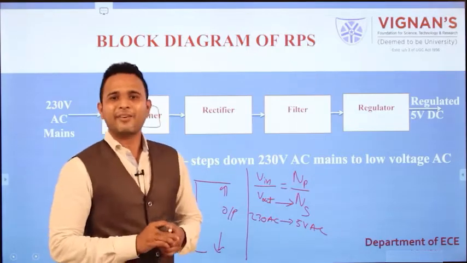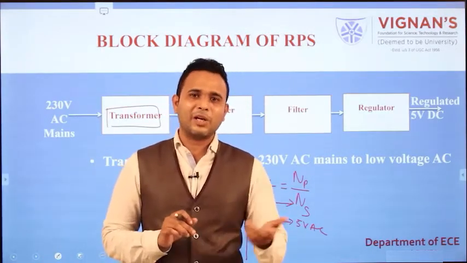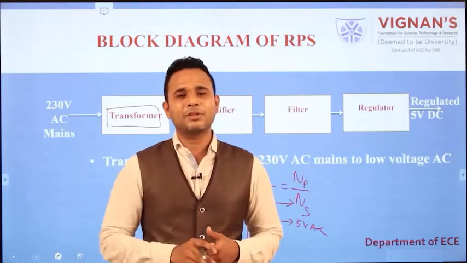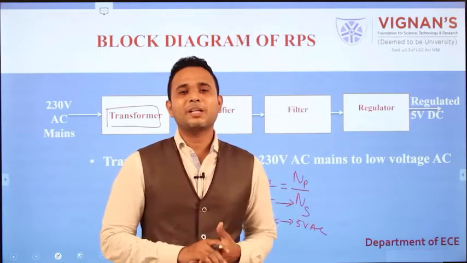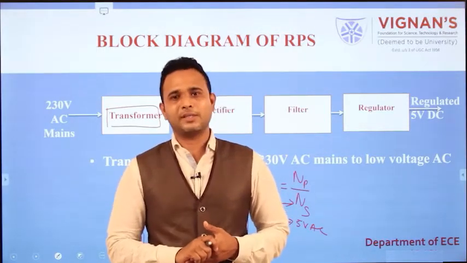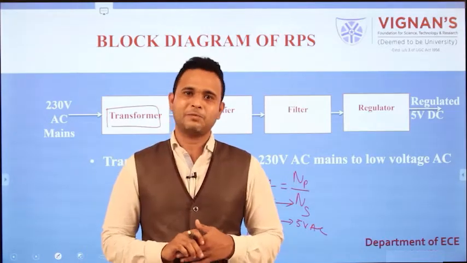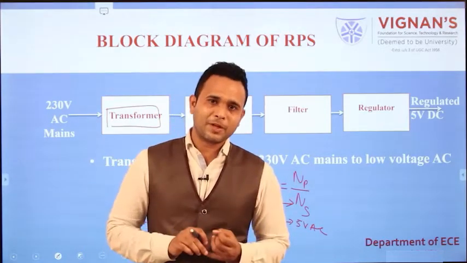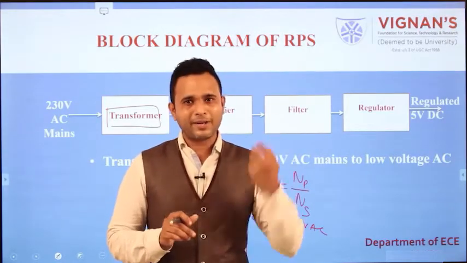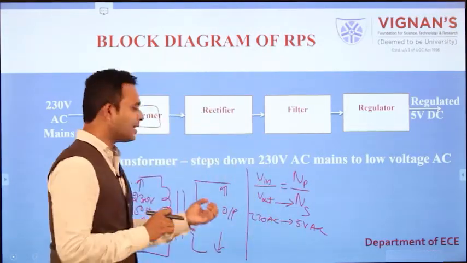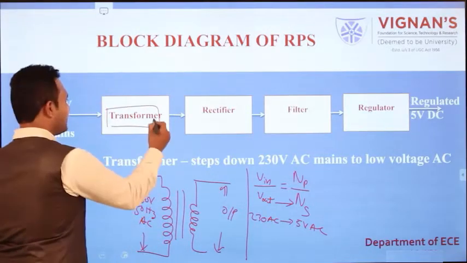But generally our electronic devices work with 5 volts or 12 volts, maximum up to 30 volts DC only. So here we require the step down transformer. Right? Transformers are classified into two types: one is the step up transformer, and the second is the step down transformer. For our rectifiers we need the step down transformer. Right? This is the first block.